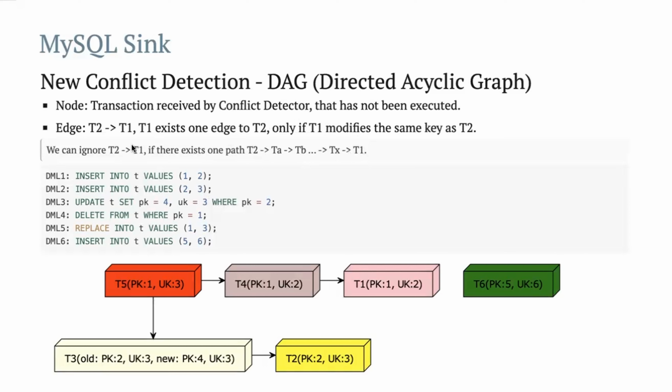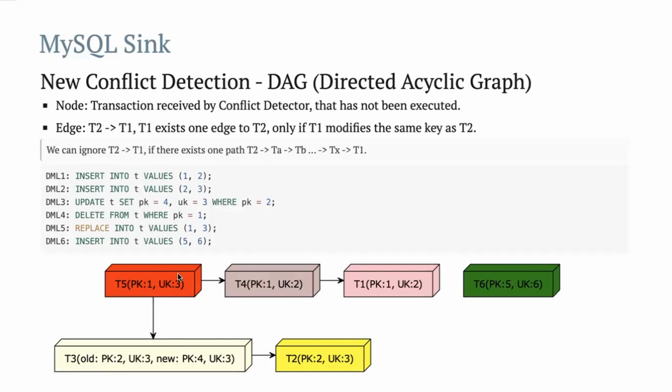So here are the same events, but this time because T3 modified the same key as T2, we can draw an edge from T3 to T2. Similarly, DML4 modifies the same key as DML1, so we draw an edge from T4 to T1.